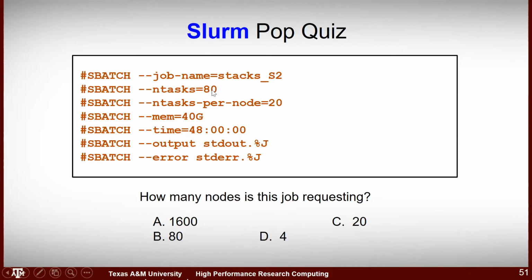You saw that there were 80 total tasks and 20 per node, and you did the quotient. That's just dimensional analysis. We learned that in high school chemistry. All right, you got me. It wasn't a very hard quiz question. So yes, the correct answer is D. This one will go to 4 nodes. Hopefully the 4 nodes have at least 40 gigabytes of memory. They definitely will.